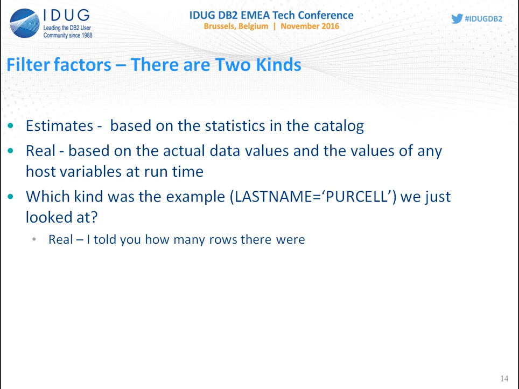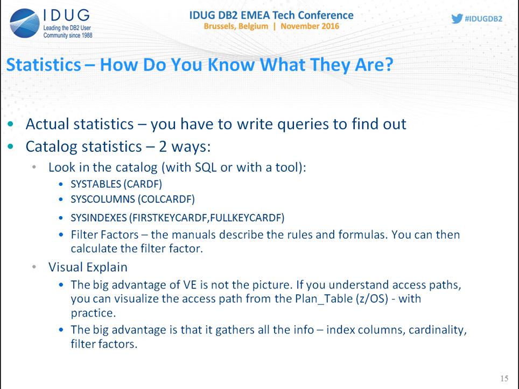But I made up that example, so those are actually imaginary statistics. So the actual statistics, to find them out, you have to run queries, counts and group bys and so on. The catalog statistics, you can look in the catalog, and those are some of the z/OS catalog tables.